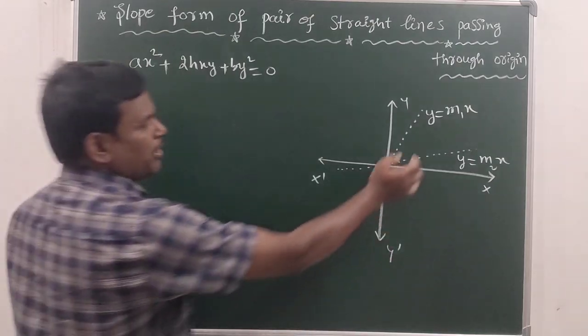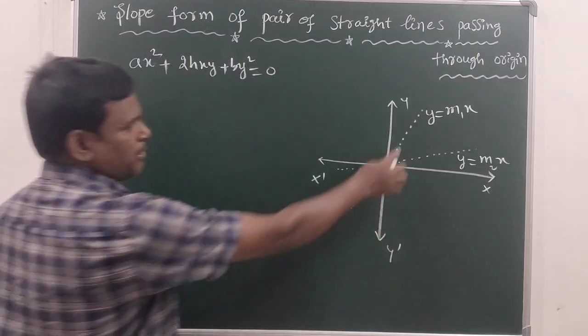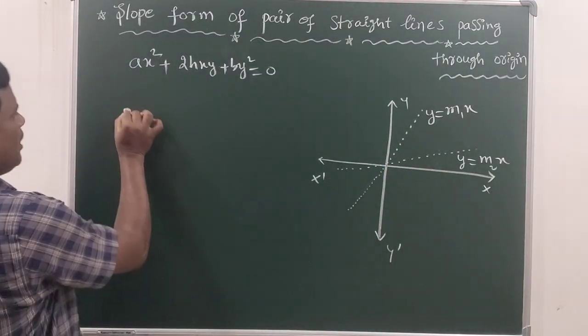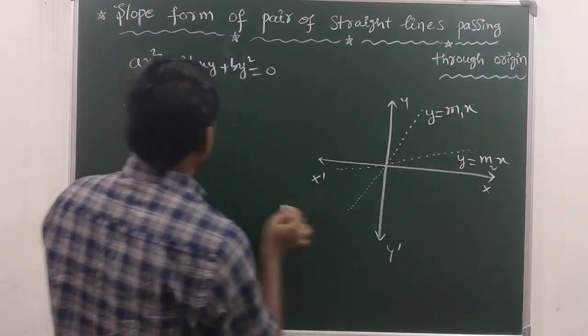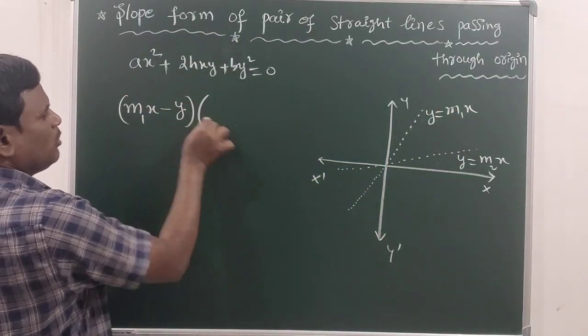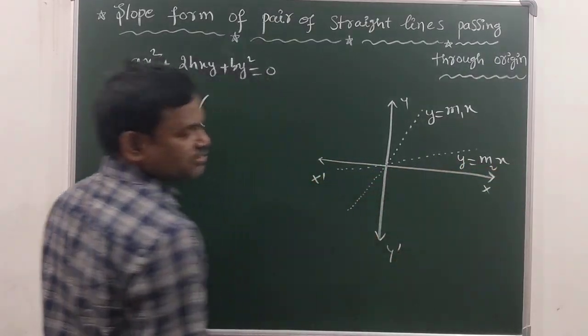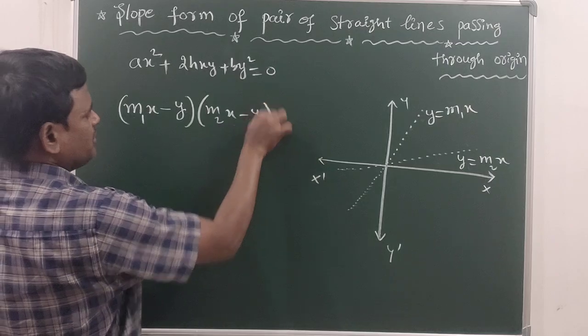Now I am going to multiply these two line equations. So if I multiply these two, I get like this: m1x, shift this y to the right side so that you will get m1x minus y into, and this one transfer y to the right side so that you get m2x minus y, which is equal to 0.